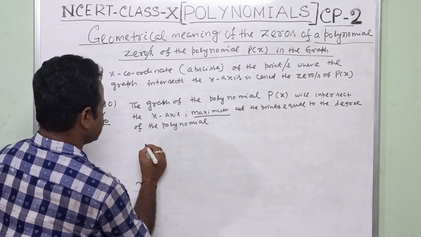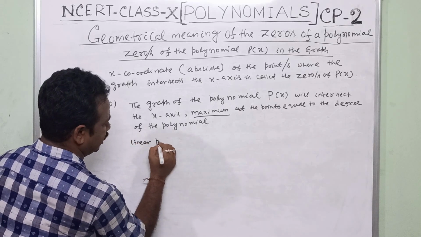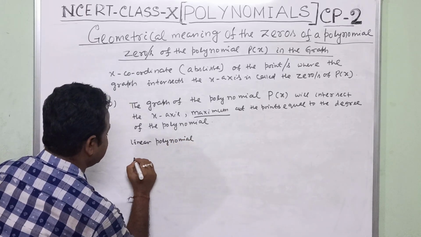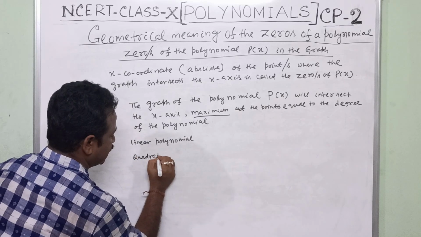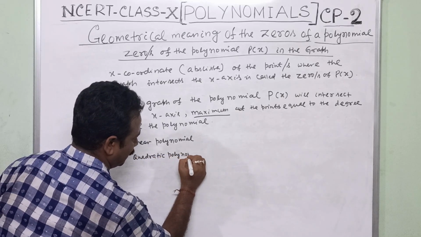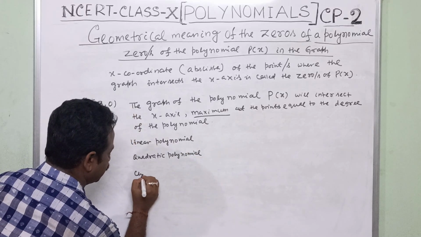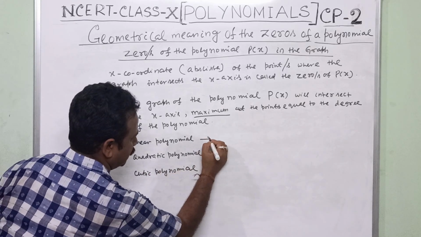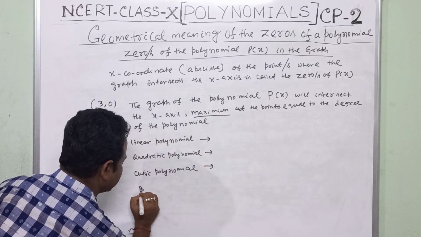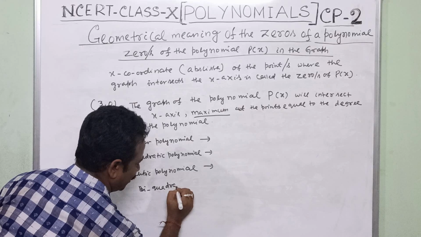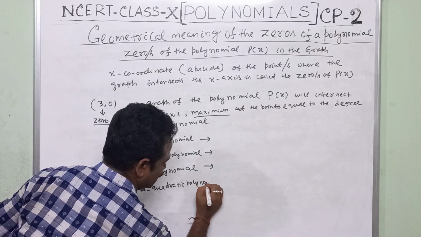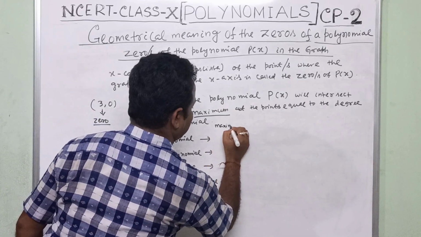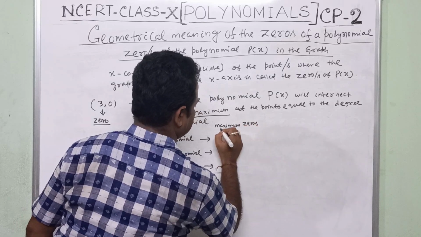That means what? We have linear polynomial, then quadratic polynomial, cubic polynomial, and bi-quadratic polynomial. So maximum zeros, how many?